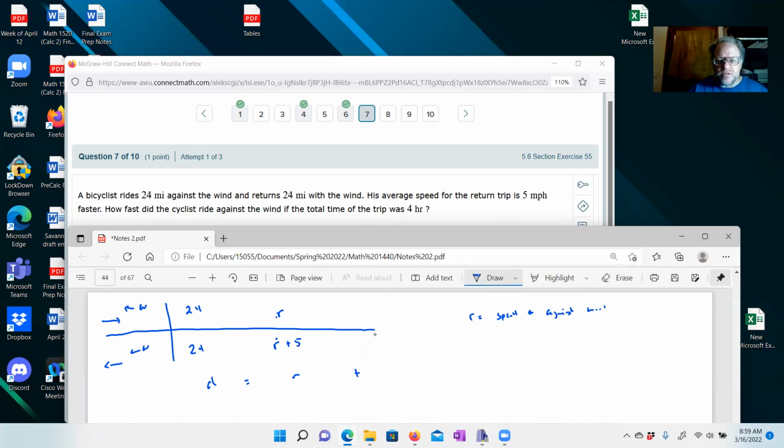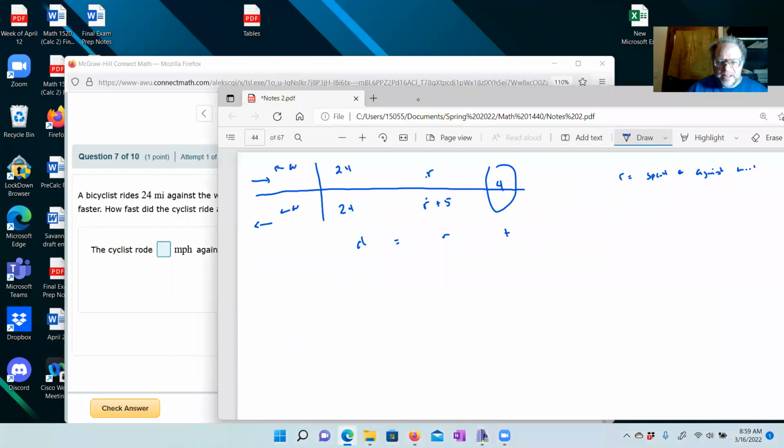The total trip, the total here, is 4. So would it make sense if we added these together? Again, we have D equals RT. How do we want to set this up?